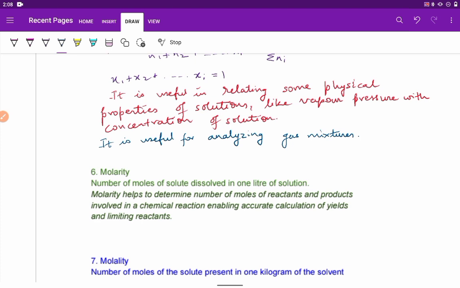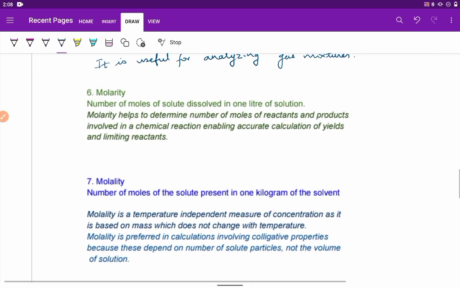Next is molality. Number of moles of solute present in 1 kilogram of the solvent. And molality is a temperature independent measure of concentration, because it is based on mass, which does not change with temperature.